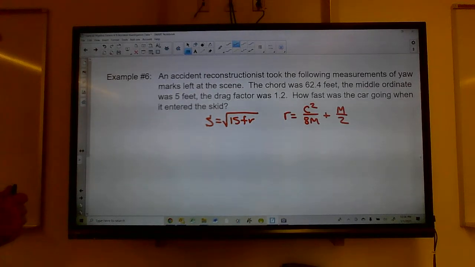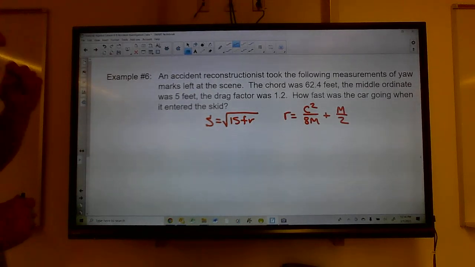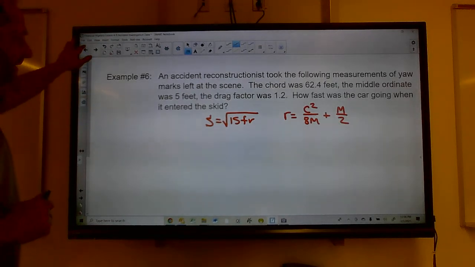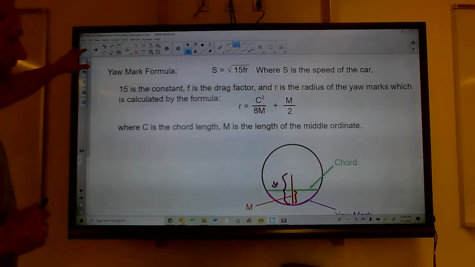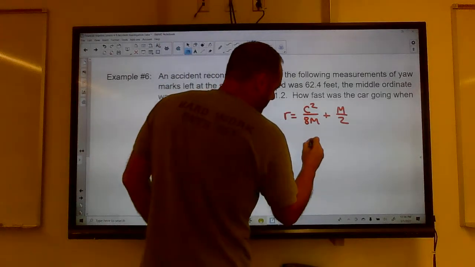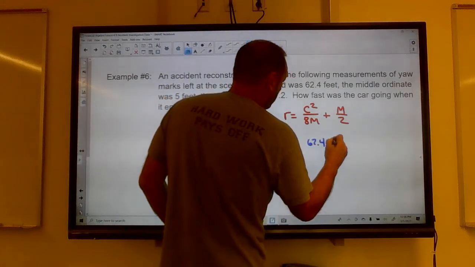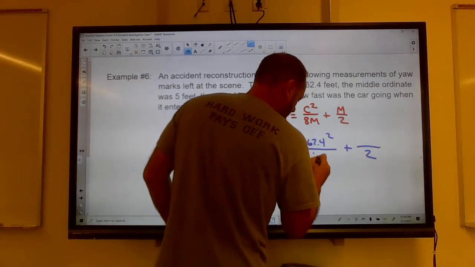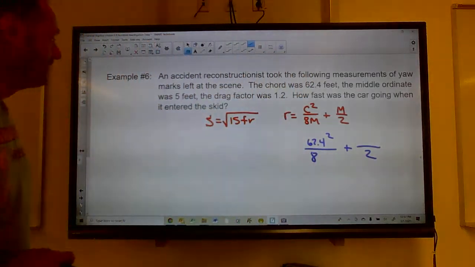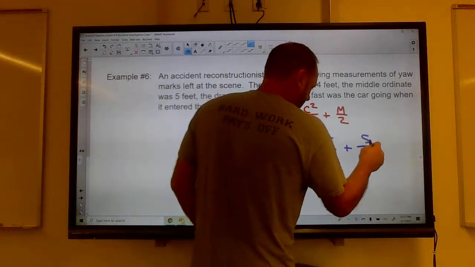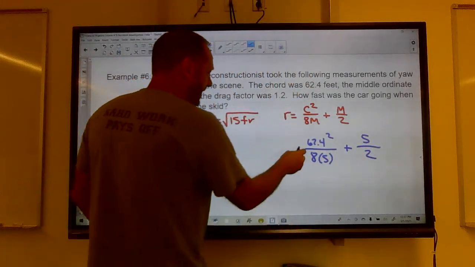The chord was 62.4 feet, so that's C. We're going to plug that in here, 62.4, and square that. The middle ordinate was 5 feet, so this is going to be 5, and this is going to be 5. And now we can calculate R.